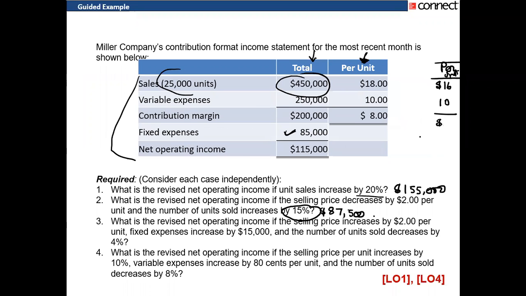Again, it is a different scenario. Okay, now number 3 requirement, we see that our selling price will increase by $2 per unit. Fixed expense will go up by $15,000. Number of units sold decreases by 4%.